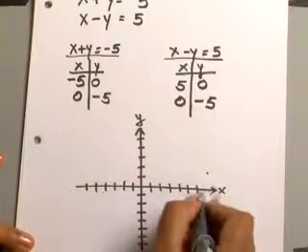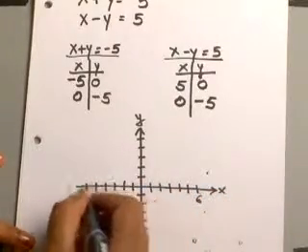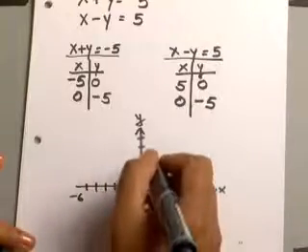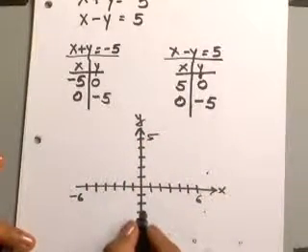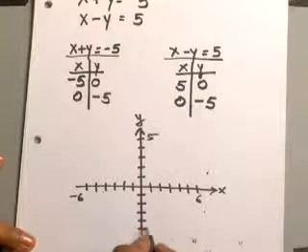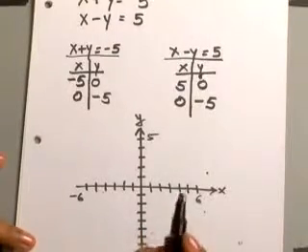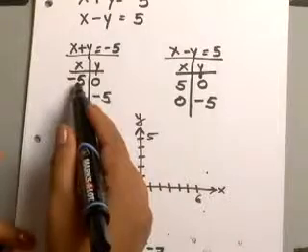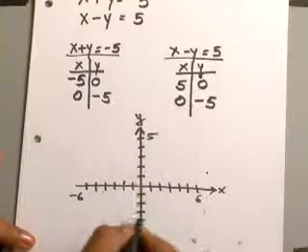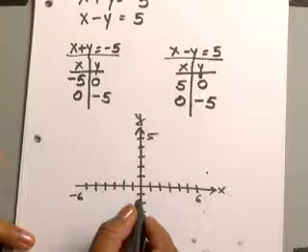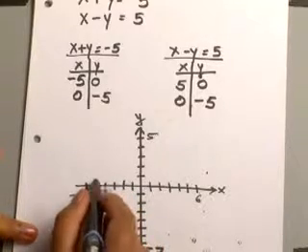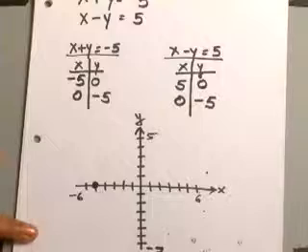So you have (-5, 0) for the first one, which will be this point right here.